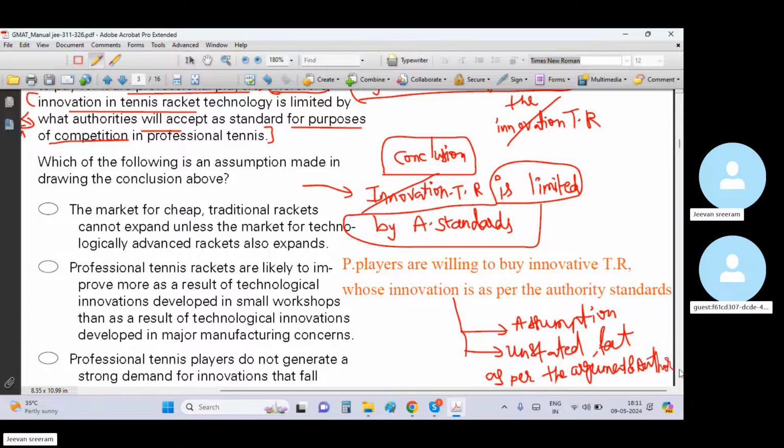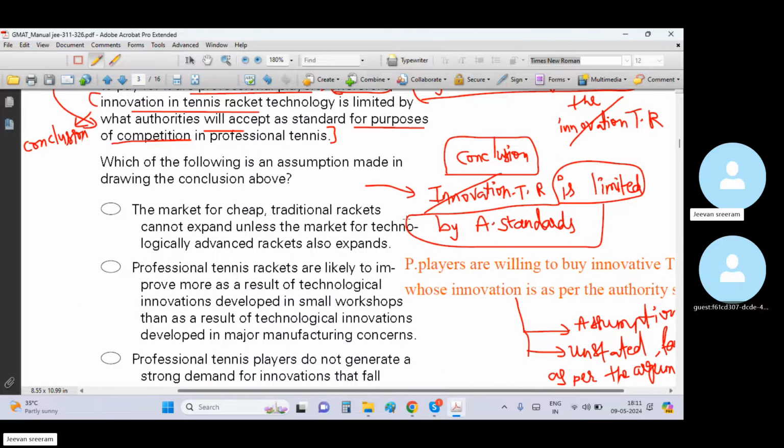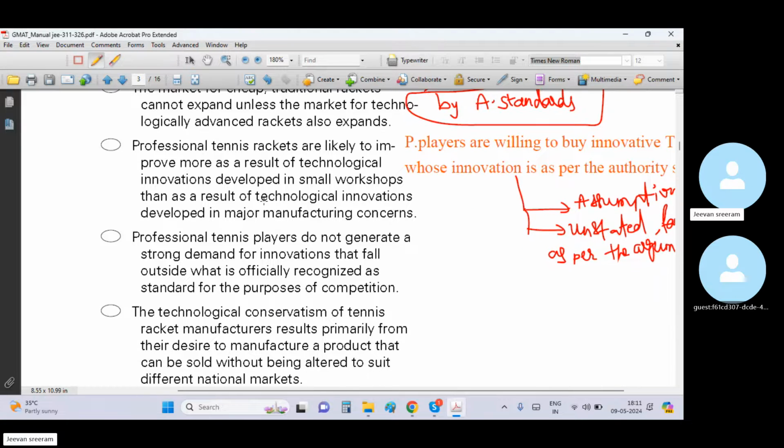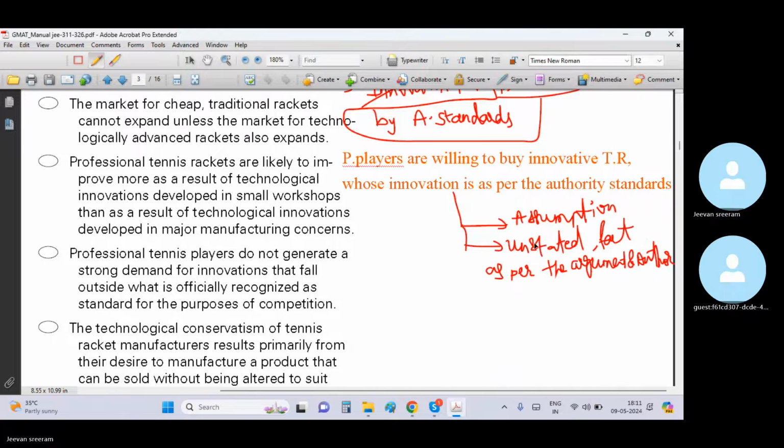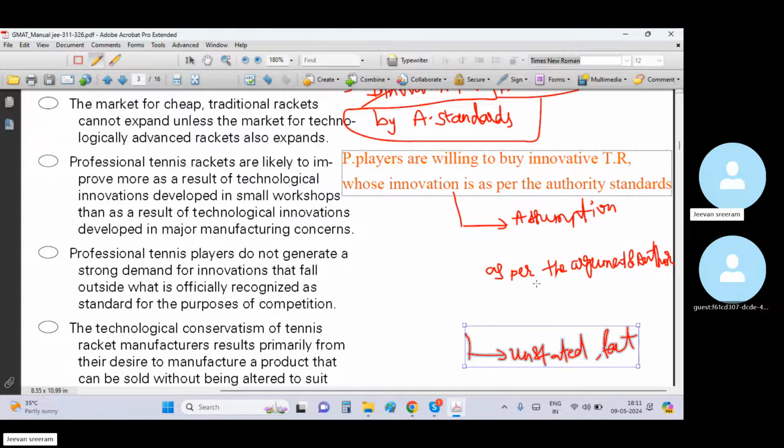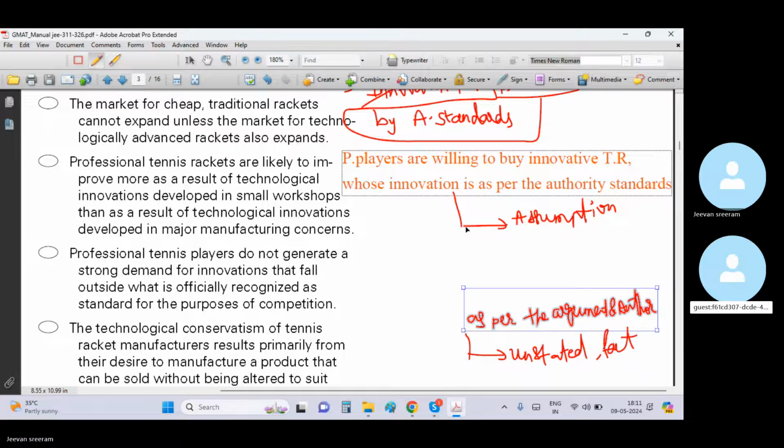So now, please observe: which of the following is an assumption made in drawing the conclusion above? Okay, we have to find the assumption. Please check the answer choices. You have to keep this PDF open as I have just mentioned, right? Yes. The market for cheap traditional rackets cannot expand unless the market for technologically advanced rackets also expands.